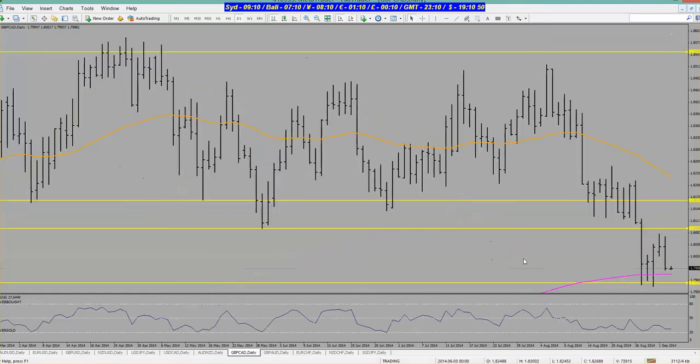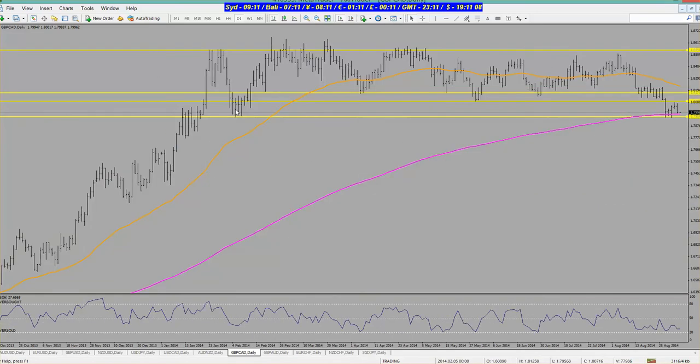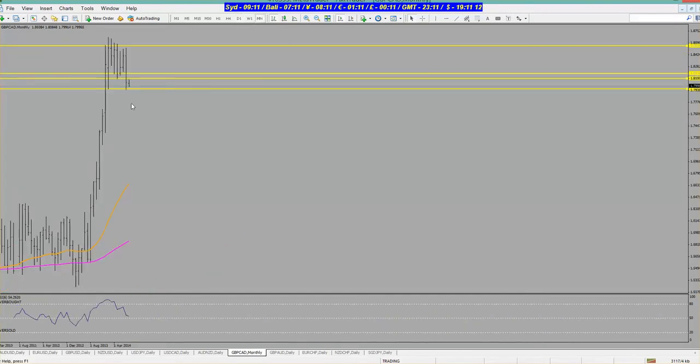So the pound CAD, the concern here is obviously the news, which you've highlighted. You said that there's some news coming out tonight, so you're waiting. The other concern is that obviously this horizontal support line, which is here, it's not that strong. Mine doesn't go back monthly.